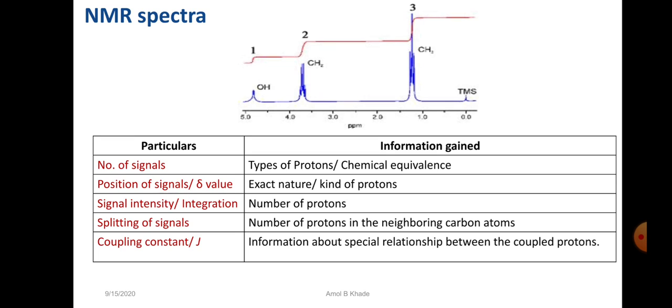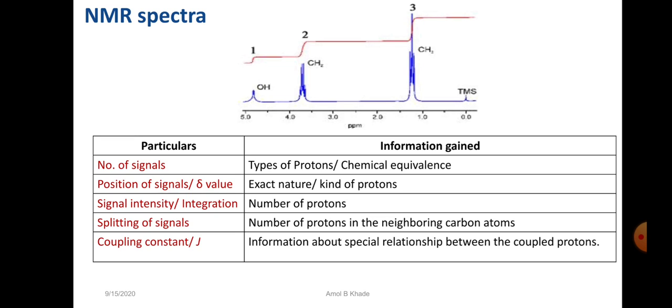TMS is tetramethylsilane. Its protons are chemically equivalent and appear at a value very close to 0, which is considered the standard value, and with respect to this TMS peak, the other peaks are plotted.